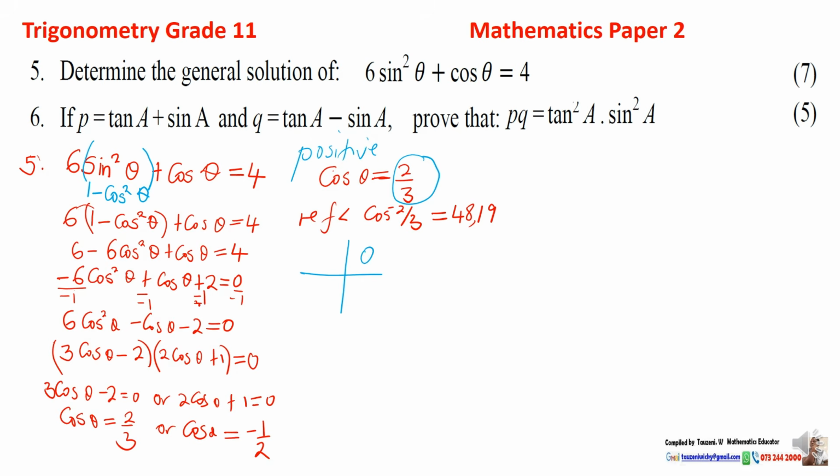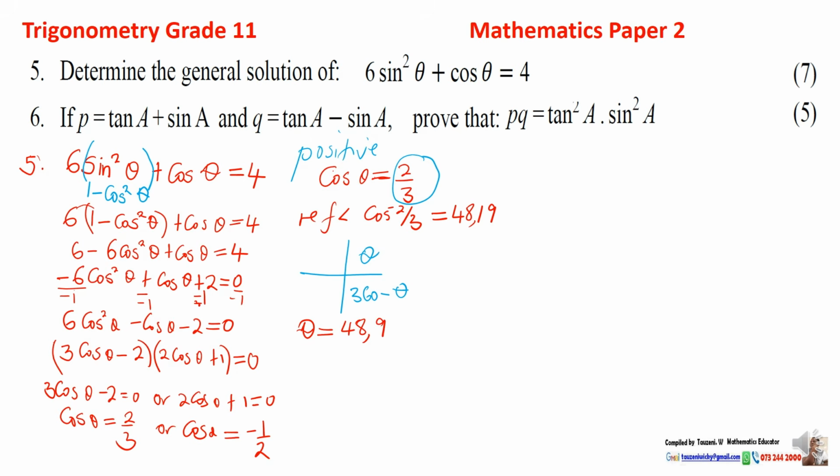Cos is positive in quadrant 1, cos is positive in quadrant 4. And the measurement of the angles in those two quadrants, in quadrant 1 the angle is theta, in quadrant 4 the angle is 360 minus theta. These are my two solutions. In place of theta, you put the reference angle. So the first value is theta, which is equal to 48.19.